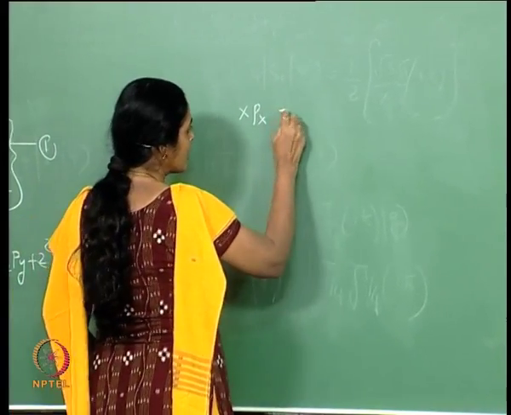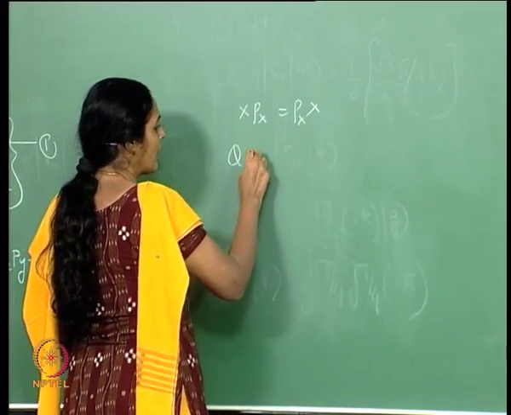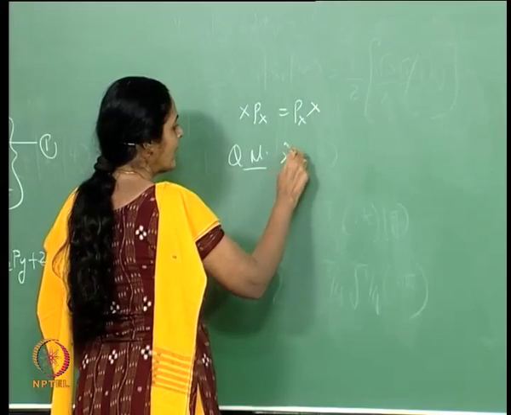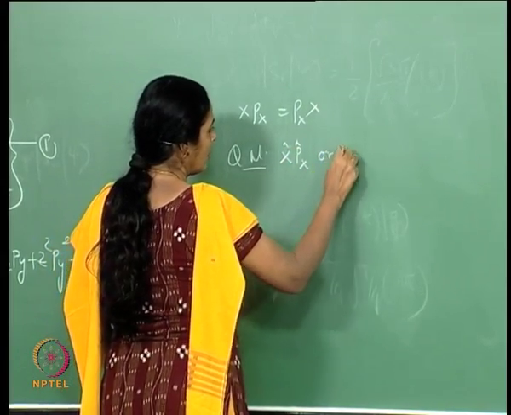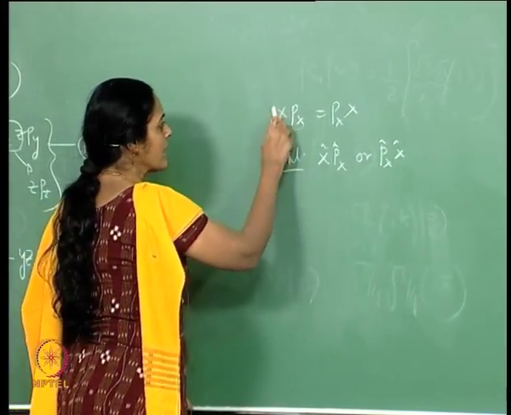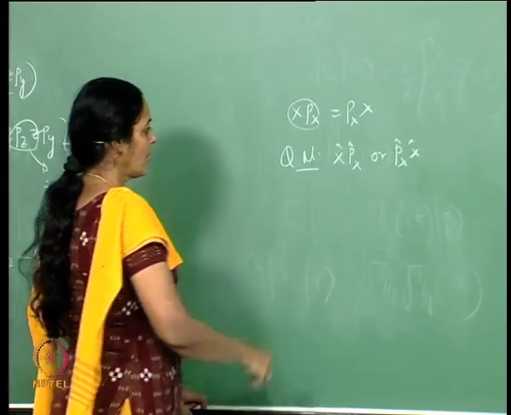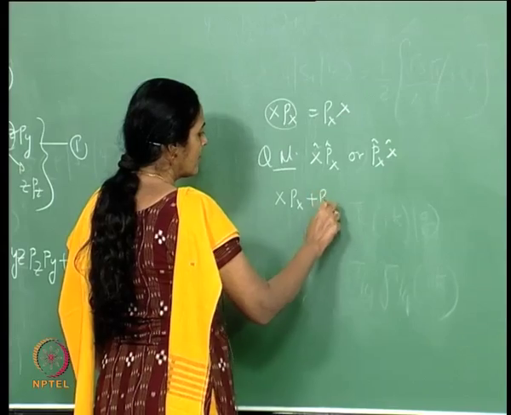In classical physics, that is the same as pxx. But if I go to quantum mechanics, should I write operator x, operator px, or operator px, operator x? How do I replace xpx? I should be careful, and the replacement would be like this.